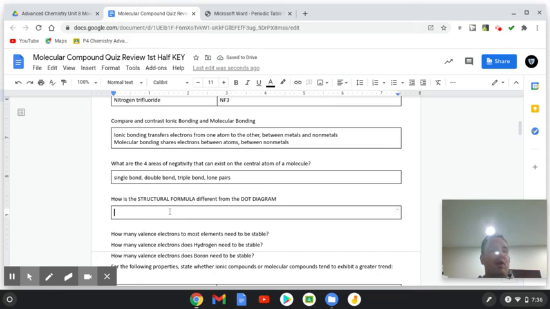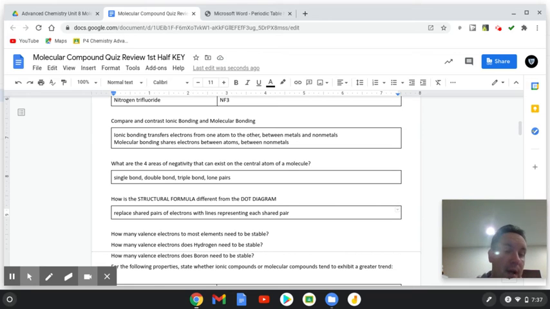Remember that for the structural formula, there are two things you have to do. We are going to replace shared pairs of electrons with lines representing each shared pair. Now, what that means is if you have a double bond, you need 2 lines between the atoms.